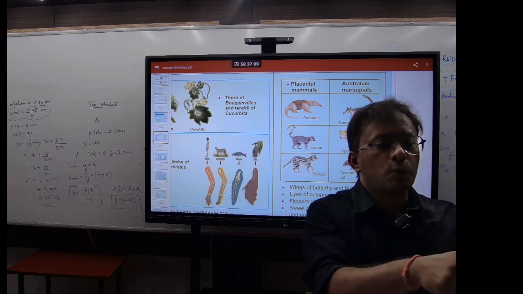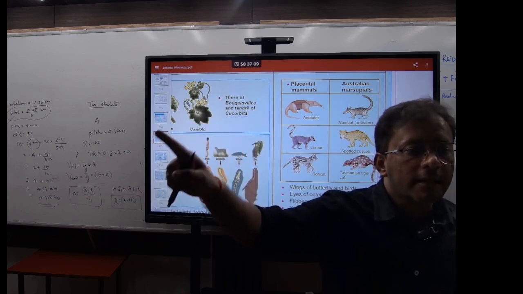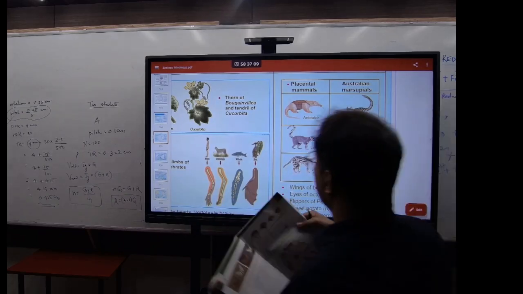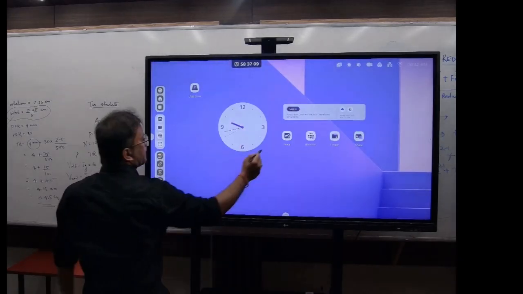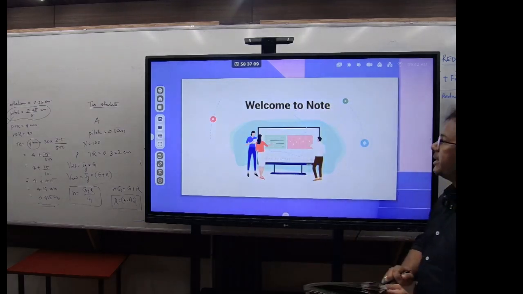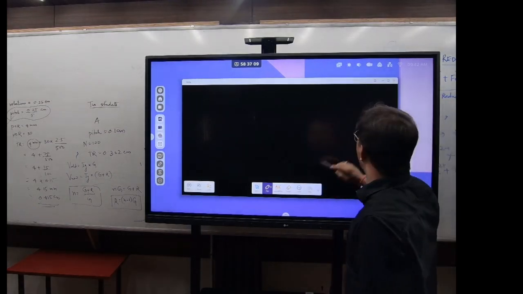And when two adaptive radiations occur simultaneously, it is called a convergent evolution, which means, for example, convergent evolution explained here with examples of mammals and marsupials.